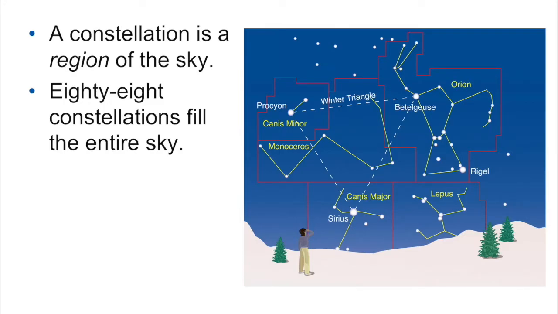So that idea has continued over into the modern world, but we've refined it and we split up the sky into 88 constellations. And they're like puzzle pieces that leave no gaps and fill the entire sky in these sort of rectangular shapes. Within that rectangular shape might be a traditional constellation like Canis Minor, all right?